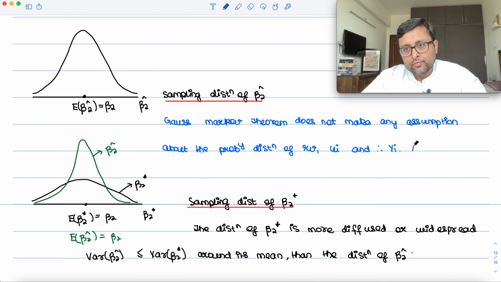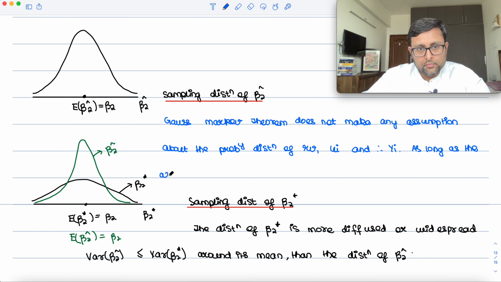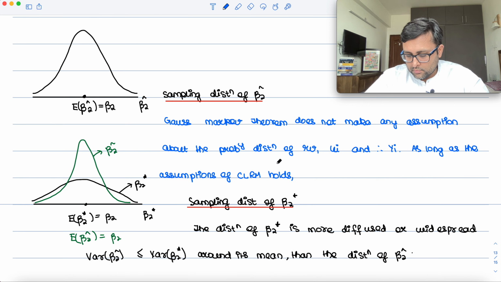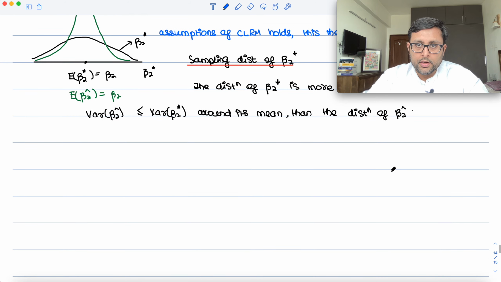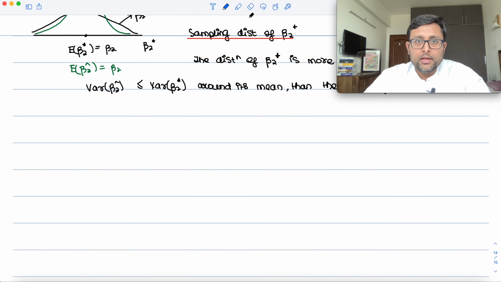This theorem holds, right? So let me put it this way.